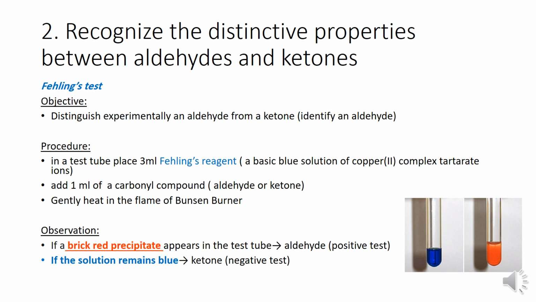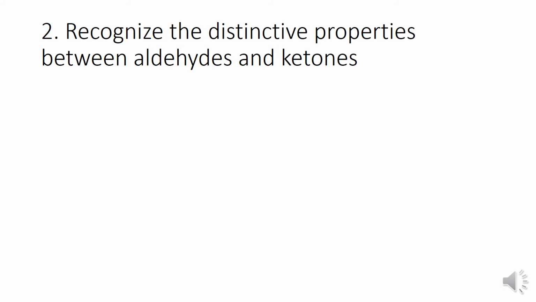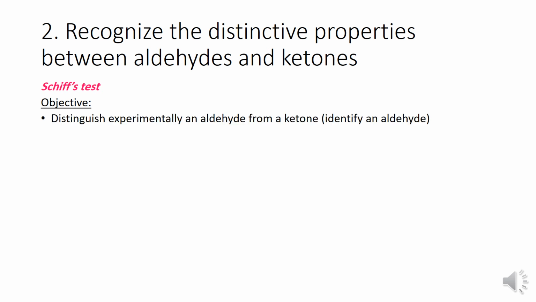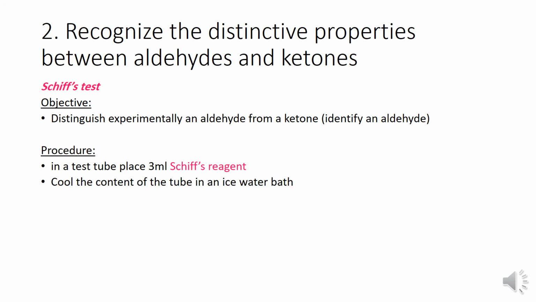Okay, now let's move to the last test, which is Schiff's test. The objective, similarly, is to distinguish experimentally an aldehyde from a ketone in order to identify an aldehyde. The procedure: in a test tube, place 3 ml Schiff's reagent.